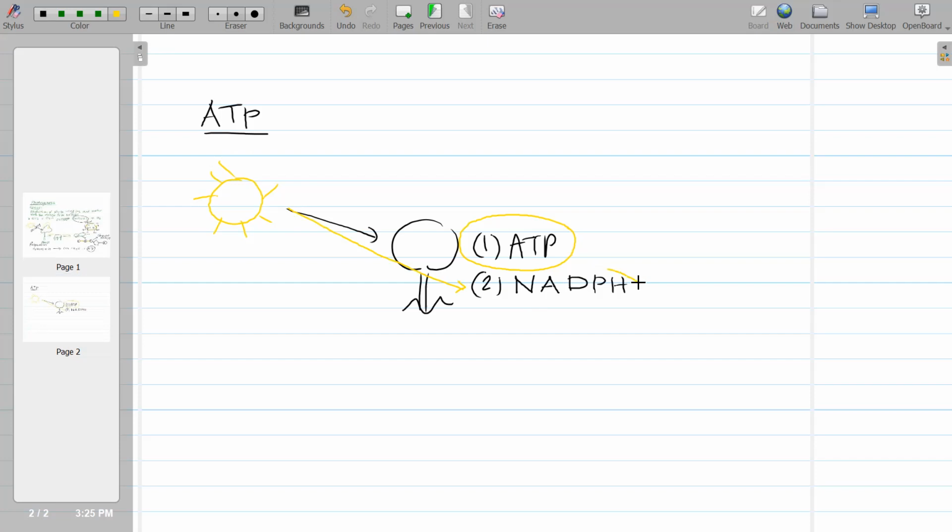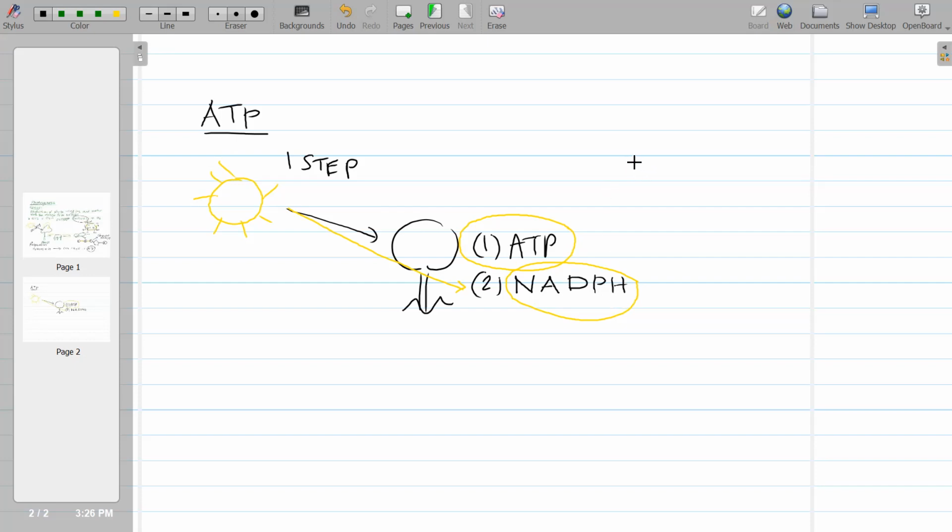So NADPH also has some amount of energy. Right, this is the first step. The first step is the plant produces ATP as the main energy molecule. The second, the plant also produces another molecule, NADPH, which also has energy.